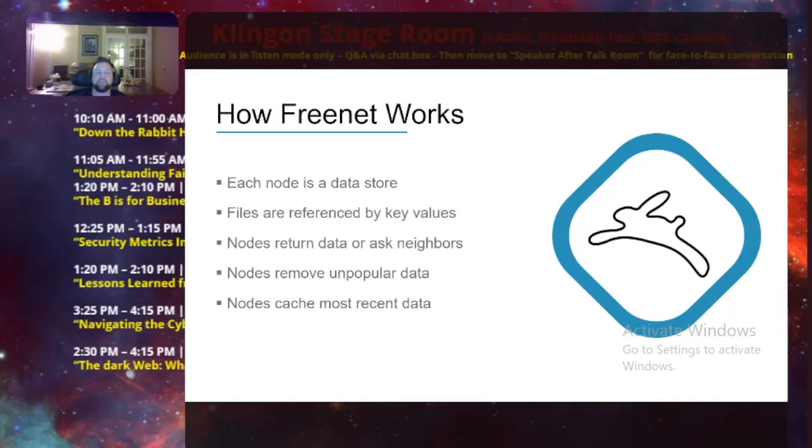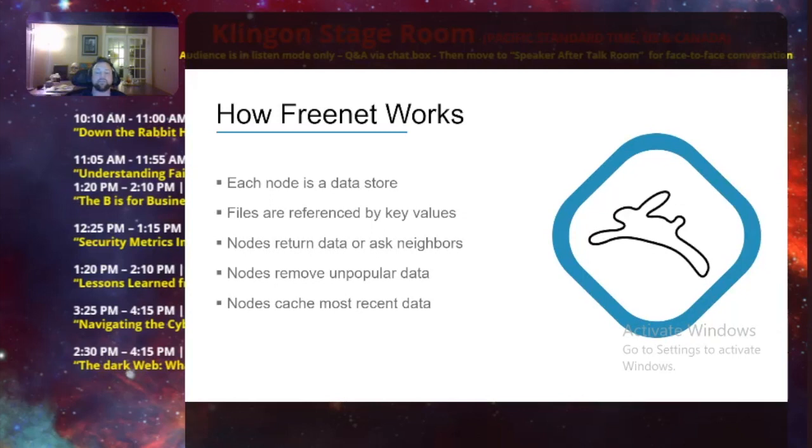So if the system doesn't have it, it's going to decrement that hops to live value, and it's going to forward the request to one of its own neighbors in its own routing table, and then so on and so forth until either the data is found or that hops to live value is exceeded. Then a failed message is returned.